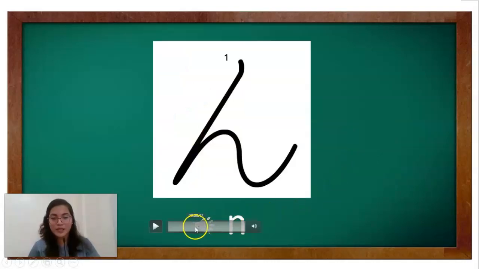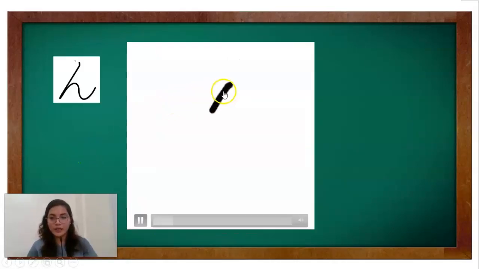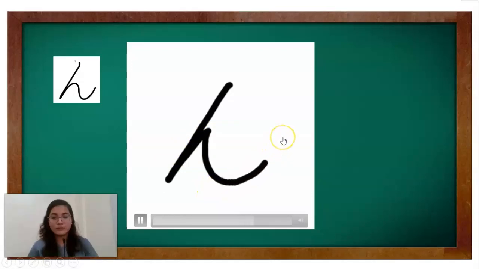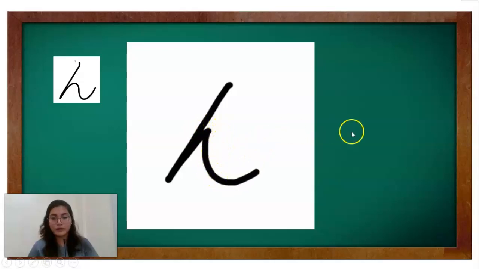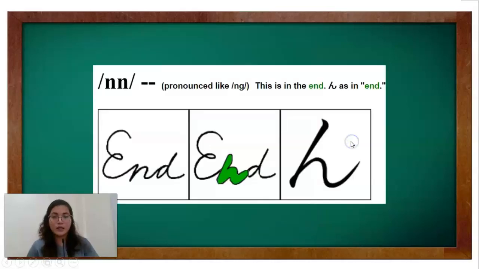Okay, and this is the last part of the alphabet. N sound. This is 1 stroke. Okay, let's try it again. 1. Okay, and to easily remember this, n is just pronounced as ng.